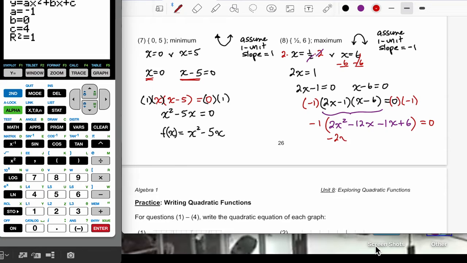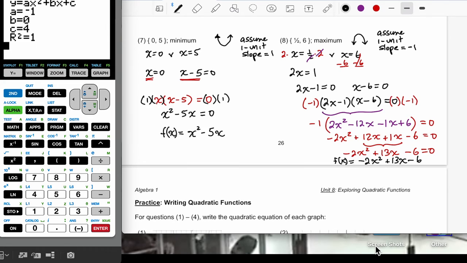Negative 2x squared plus 12x plus 1x minus 6 equal to 0. My two like terms here. Negative 2x squared plus 13x minus 6 is equal to 0. Then I'm just going to rewrite it with an f of x. So f of x would be equal to negative 2x squared plus 13x minus 6.